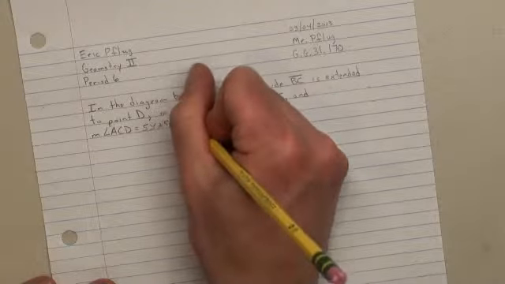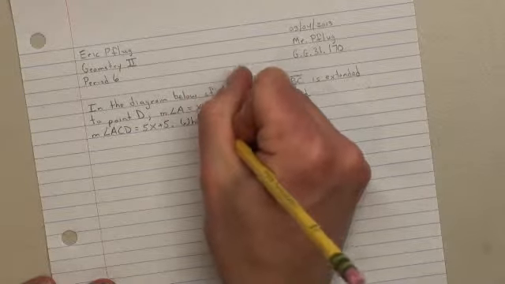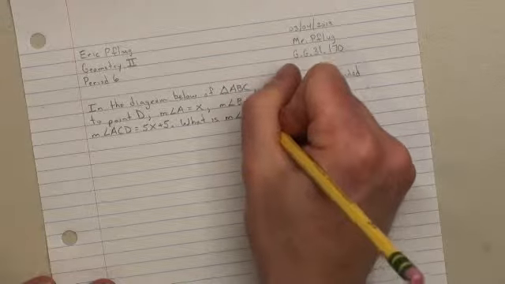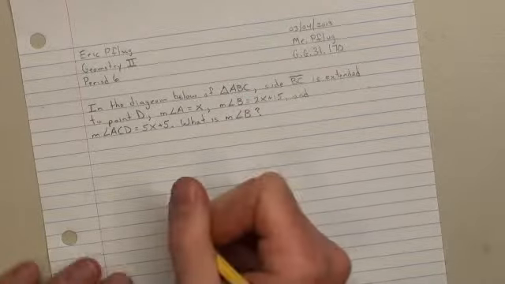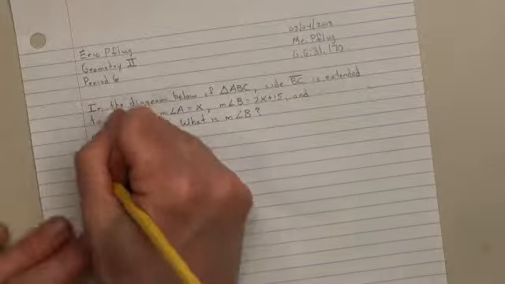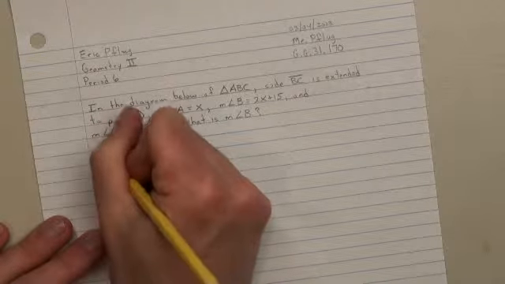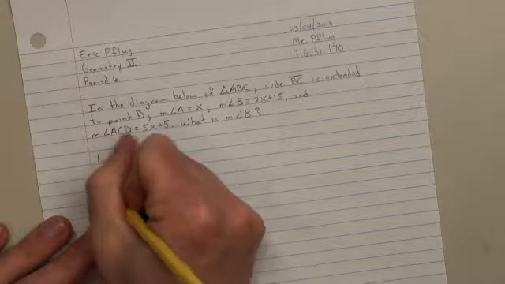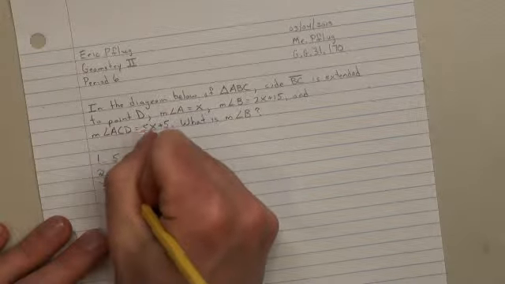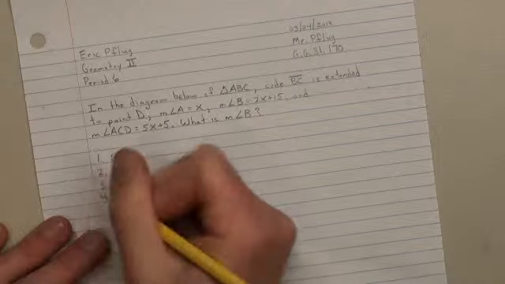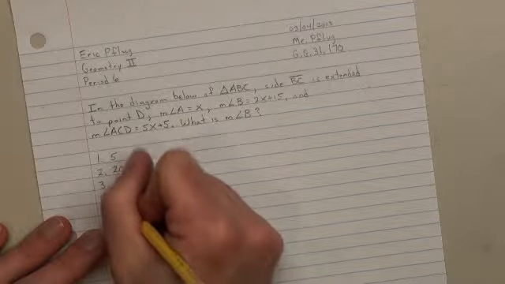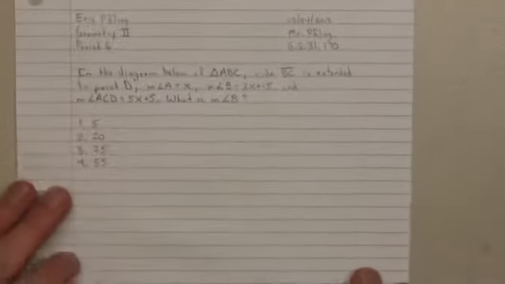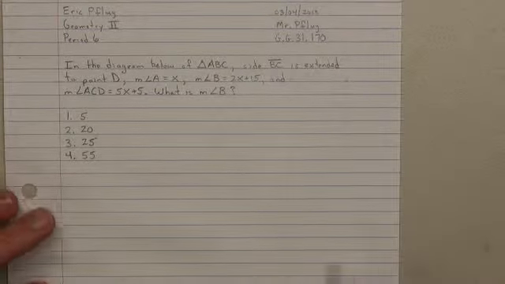What is the measure of angle B? And we have four choices again. We have 5, we have 20, we have 25, and we have 55. Okay? And we have a diagram also.